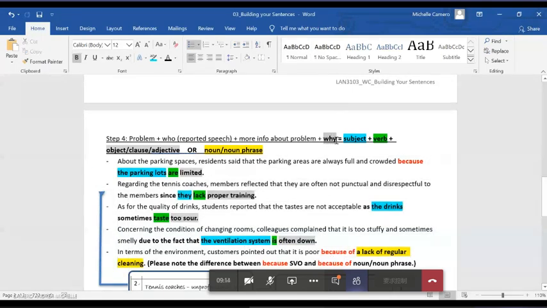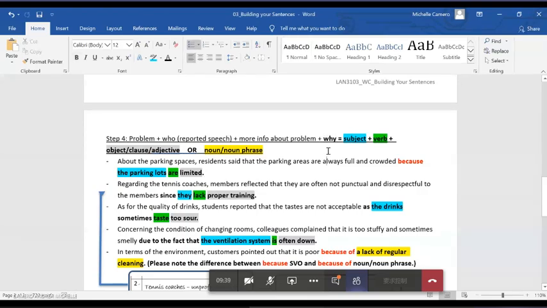Step 4 is why. You need to explain why there's this problem and give more information about the problem. There are 2 ways to give the why, because basically the why is the reason. You can use subject, verb, plus object, clause, or adjective, or you can use a noun phrase. That's the 2 ways you can present the information for why.